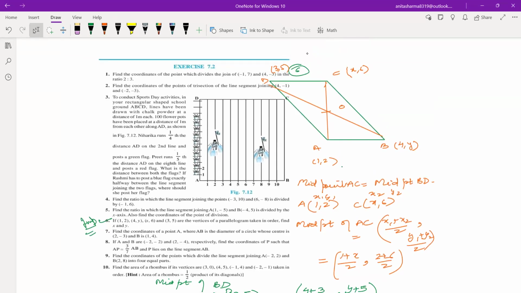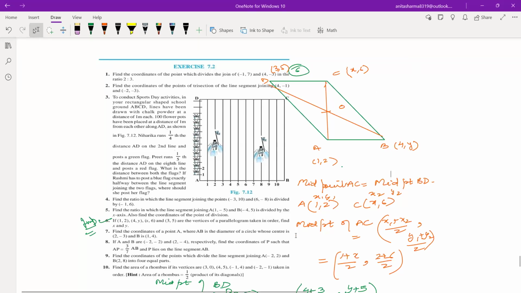Aryan, Abhinav, Pranya, Moksha, yes, ma'am. Bhavna has joined. Namaste, ma'am. Yes, beta Bhavna.